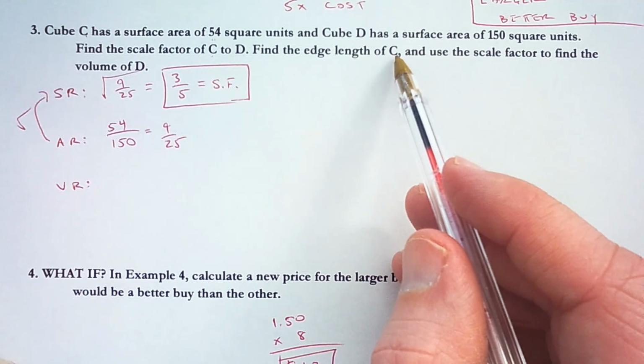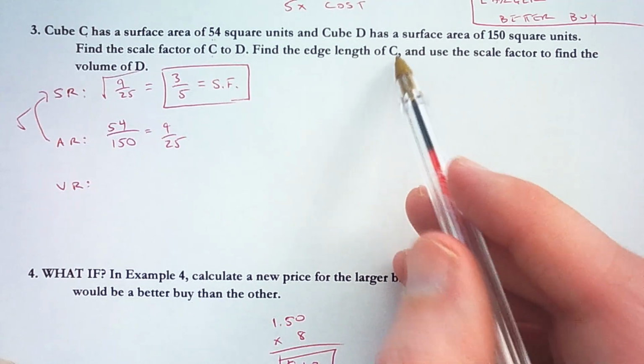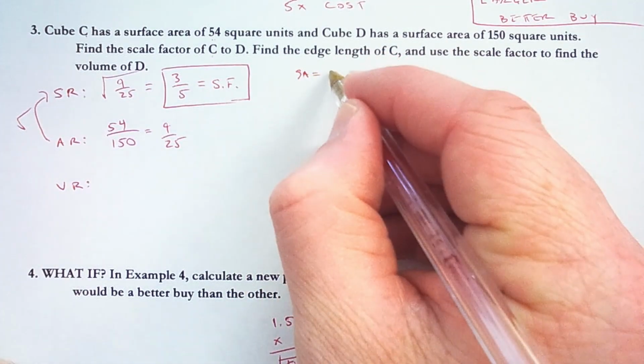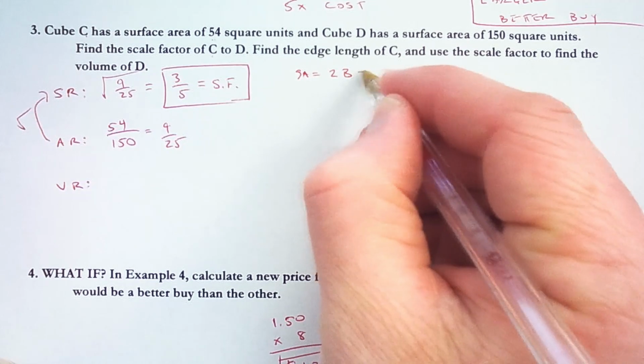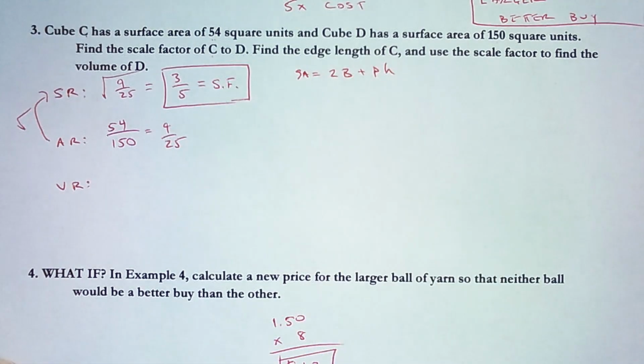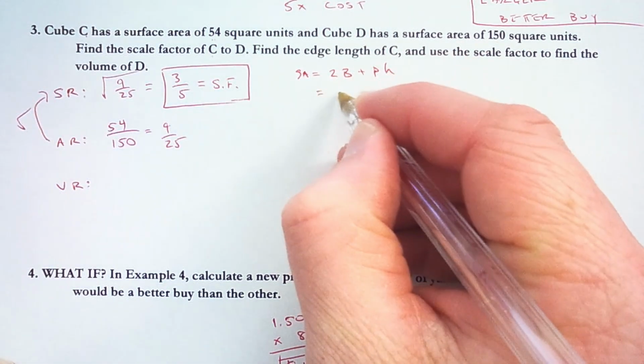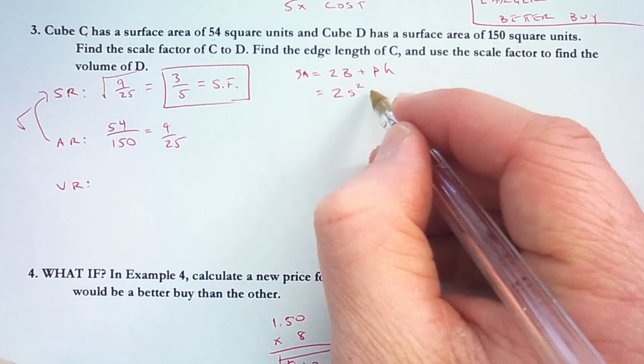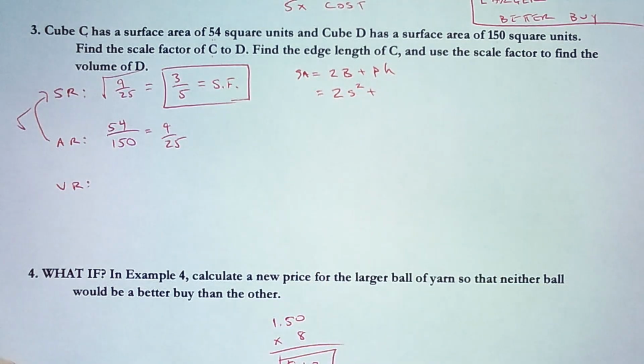Okay, so this is a cube, and as a cube, it's a rectangular prism. The surface area of a rectangular prism is 2 times the area of the base plus perimeter times height. Now, if it's a cube, all side lengths are going to be the same. The base is a square, so in this case, it's 2 times the side squared plus perimeter.